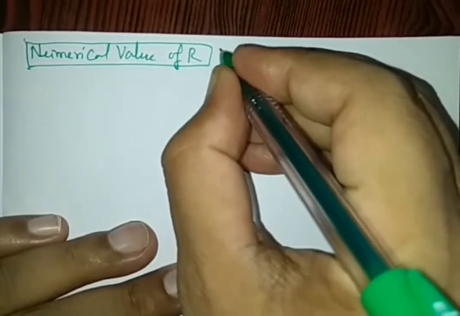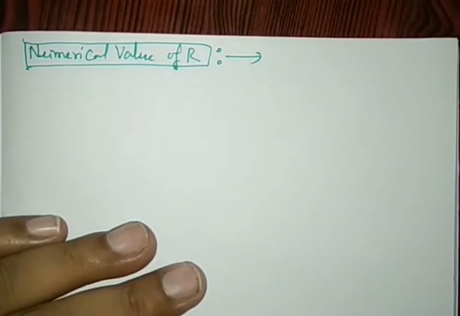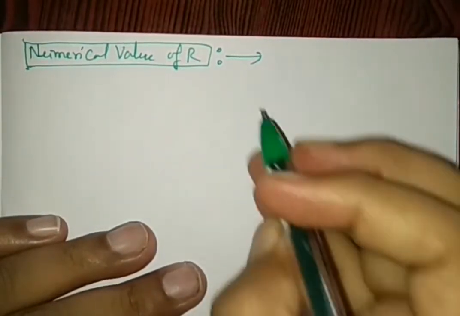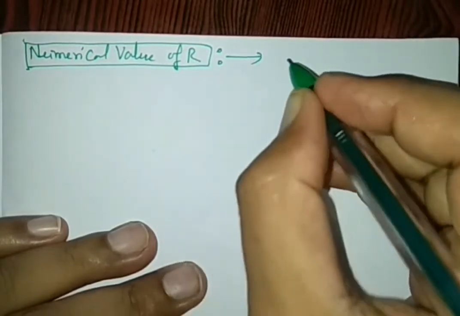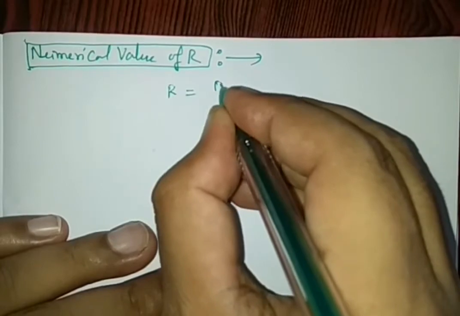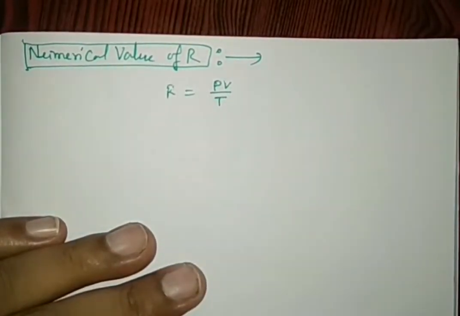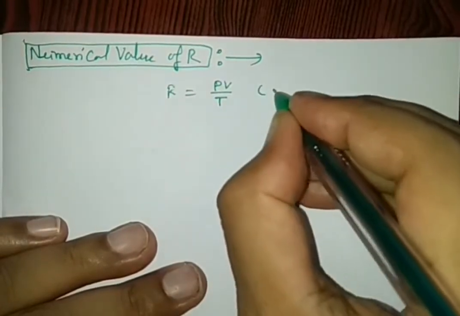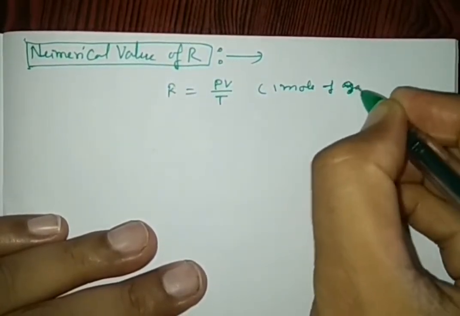After the unit of R, now we are going to see the value of gas constant R. For the value, first of all see the formula: R is equal to PV by T, for 1 mole of gas.